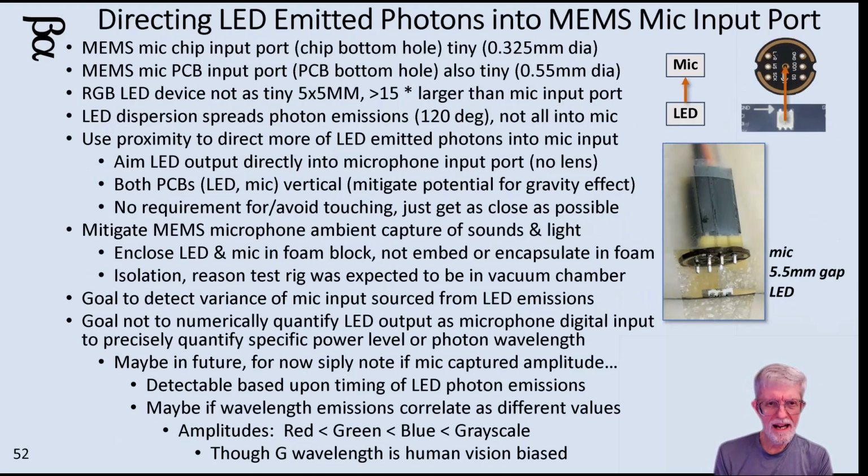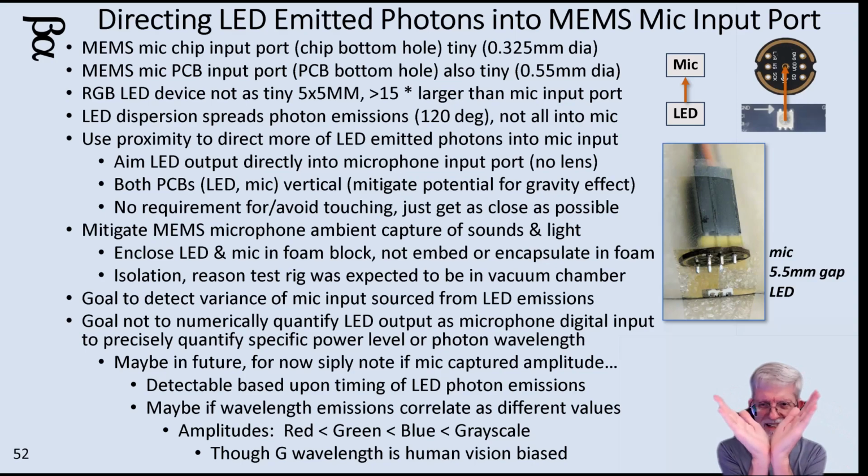Now, when an LED produces its photons, it doesn't produce them in a beam like a laser. It emits them over a wide range so that you can see lots of light from the little tiny LED chip. The particular LEDs that I'm using have a 120-degree dispersion angle. So there's 90.